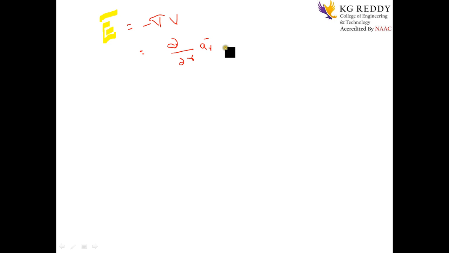into AR bar. As we have seen earlier, if it is in a spherical coordinate system, the del operator can be written something like this: plus 1 by r dou by dou theta A theta plus 1 by r sin theta dou by dou phi A phi.